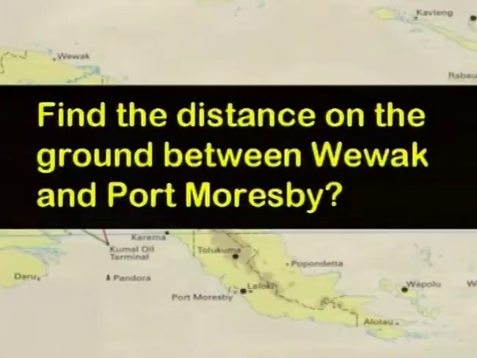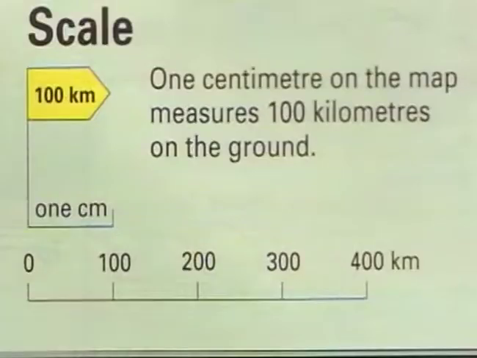Now, our activity is we are going to find the distance on the ground between Wewak and Port Moresby. The scale that we are going to use is on the atlas, page 43.